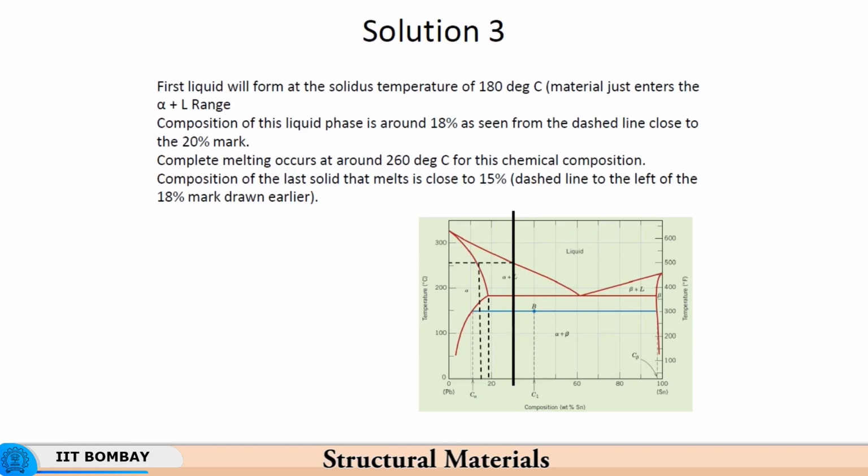Alpha will increase, meaning the quantity of alpha and the quantity of tin getting into alpha will increase, and therefore you will get enrichment of tin up to this point. Thereafter, again when it just becomes a liquid, the concentration falls to 15%.